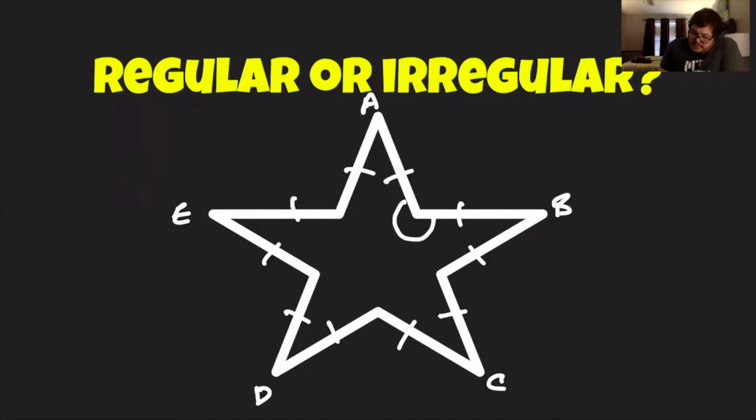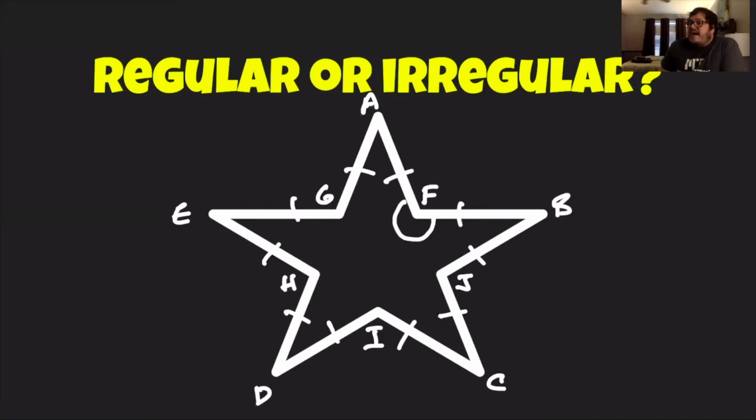And so if we kept labeling angles, if we said A, B, C, D, E, F, G, H, I, and J, well, the problem is A, B, C, D, E are not the same as F, G, H, I, J. A, B, C, D, E are acute angles, and F, G, H, I, J are obtuse angles.